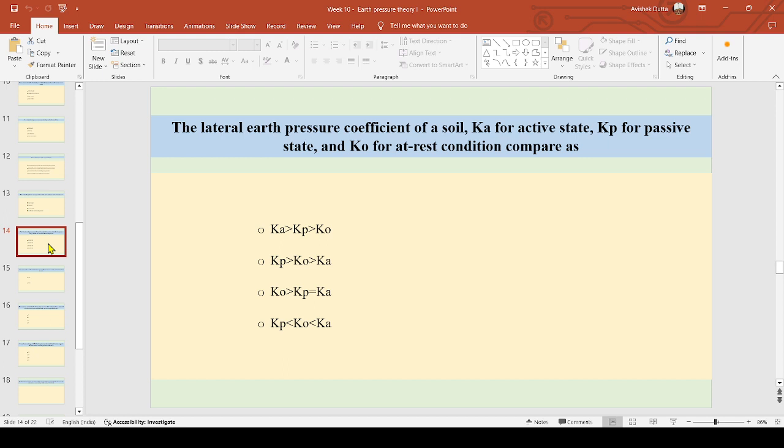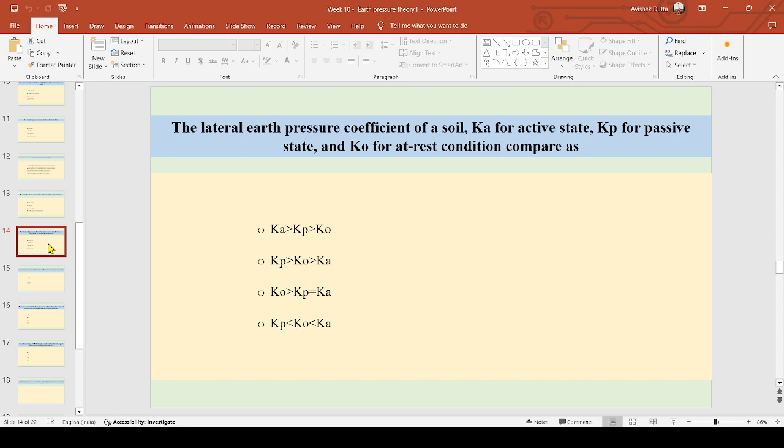Option 2, Kp more than K0 more than Ka. That is, coefficient of earth pressure at rest is more than the coefficient of active earth pressure, and coefficient of passive earth pressure is maximum. Third option is K0 is more than Kp equals to Ka.